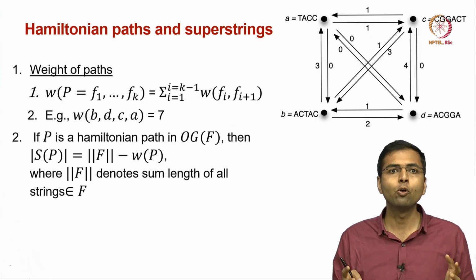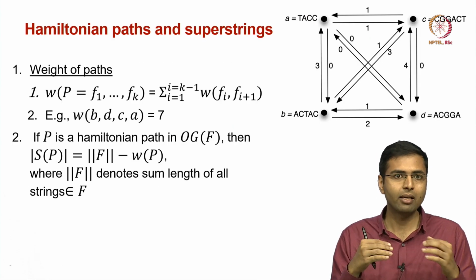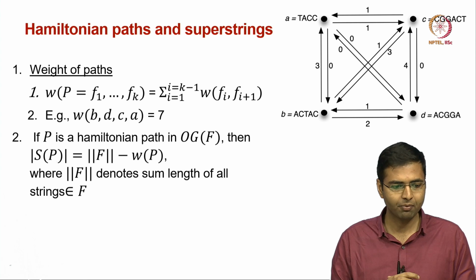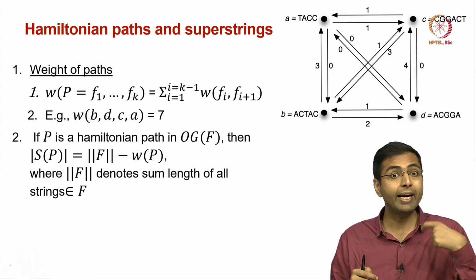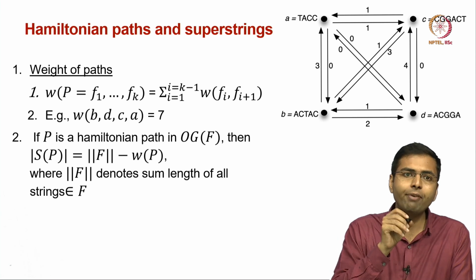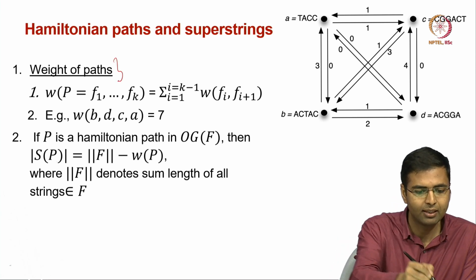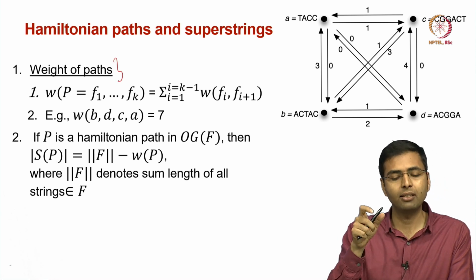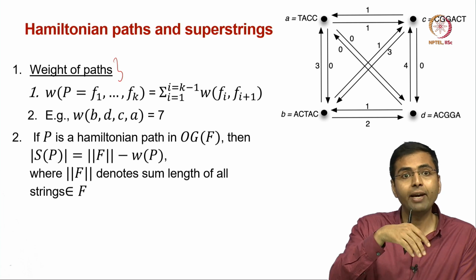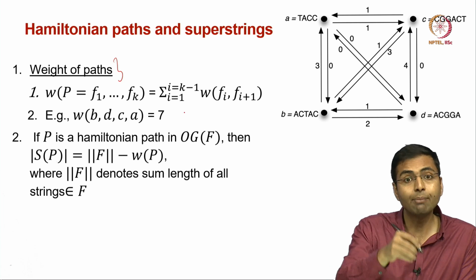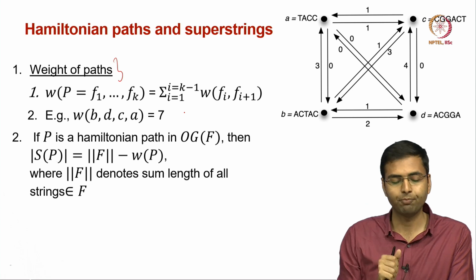Now, because we have this connection between Hamiltonian paths and superstrings, we can look at the weights of the paths. Let me define the weight of a path: if you have a path in the graph, I define its weight as the sum of the weights of the edges in that path.